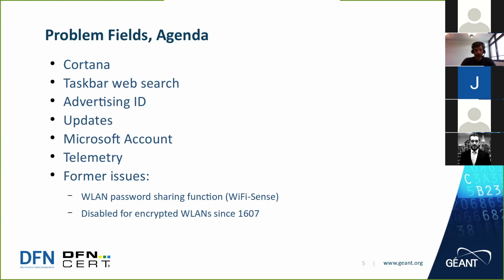There have also been issues with the tracking and transferring of wireless LAN passwords in the past. This was called Wi-Fi Sense by Microsoft and was meant to share your home wireless LAN passwords. And this function has been disabled since the mid-2016 update, at least for the encrypted wireless LANs.